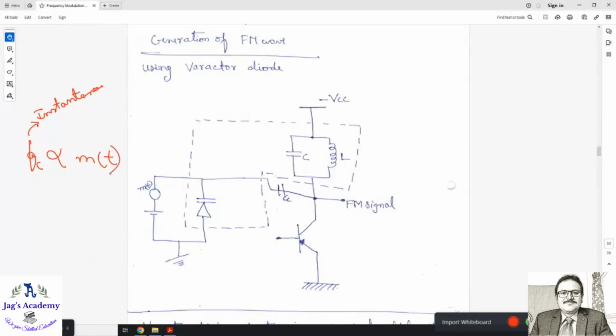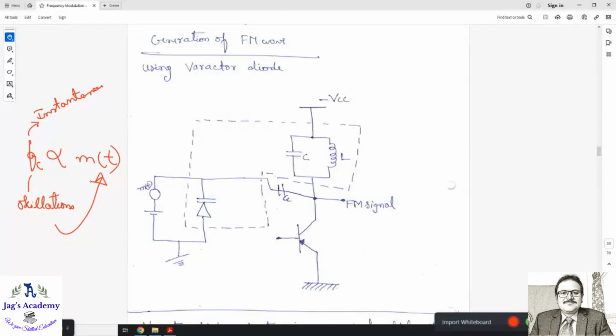So you are going to generate oscillations, which is the carrier wave, whose frequency is proportional to m of t.